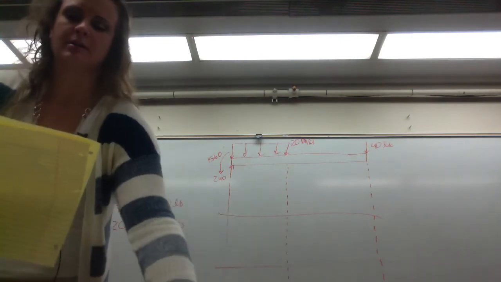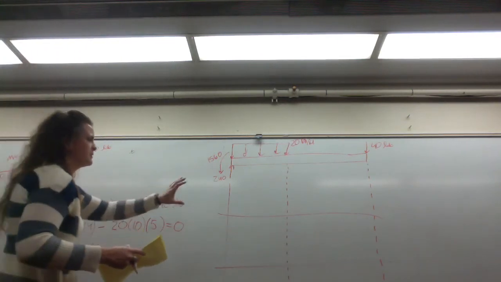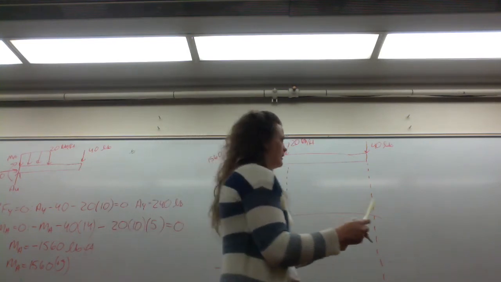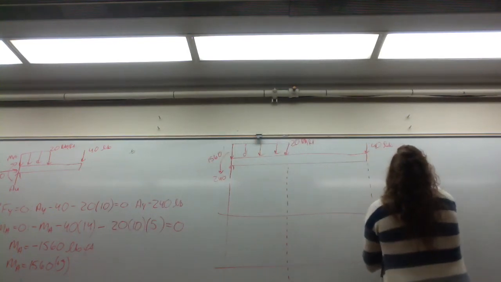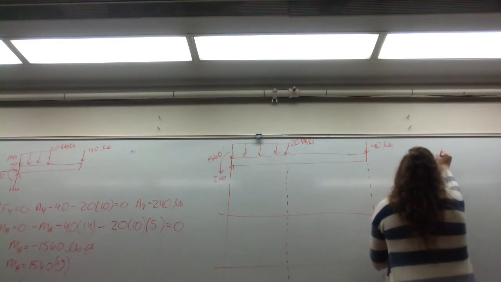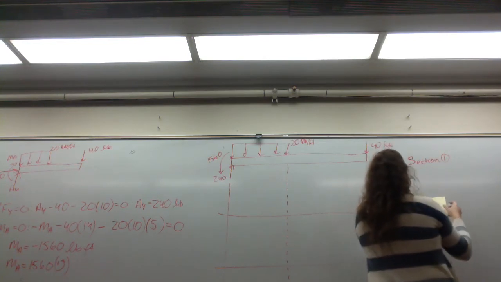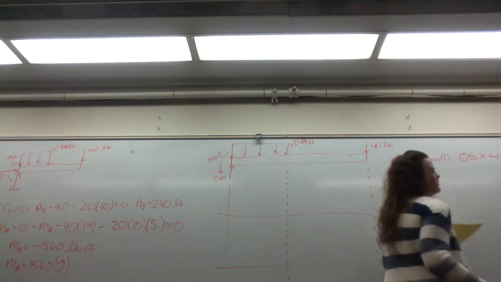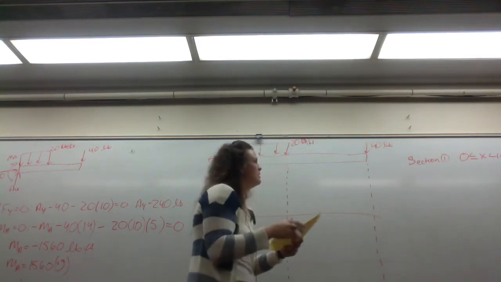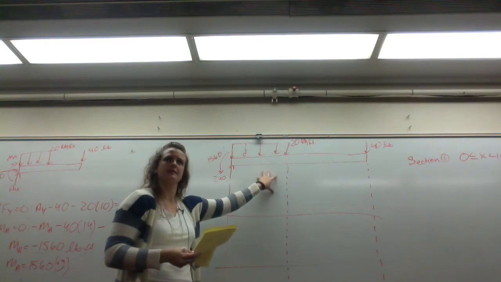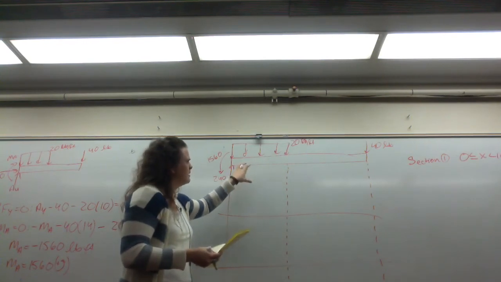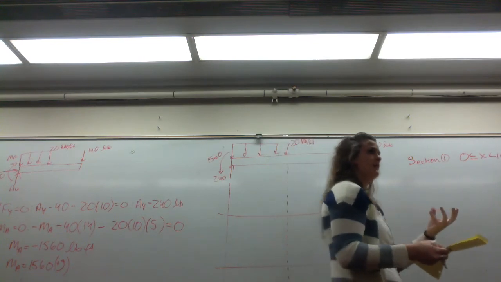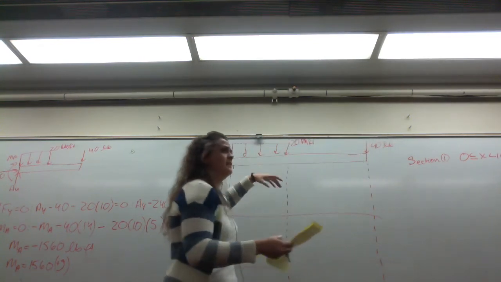I'll set us up on this first one, the distributed load, because it's the most interesting, and then I'll post the final answer. So in section 1, x is between 0 and 10 feet. Along this beam, we're finding the internal forces, and they're not constant, because our loading condition is not constant.